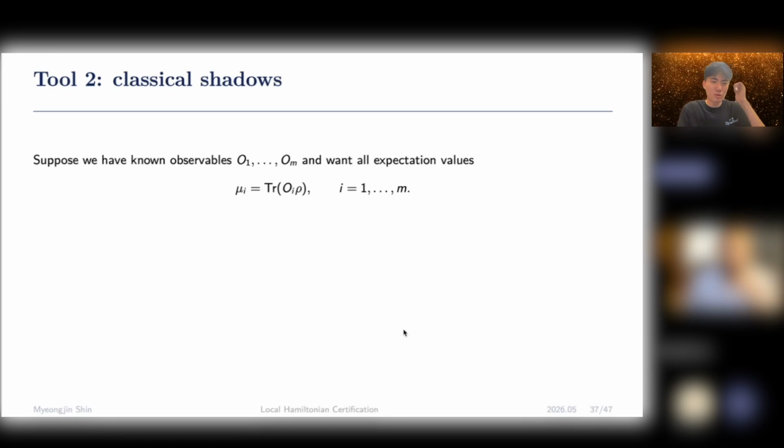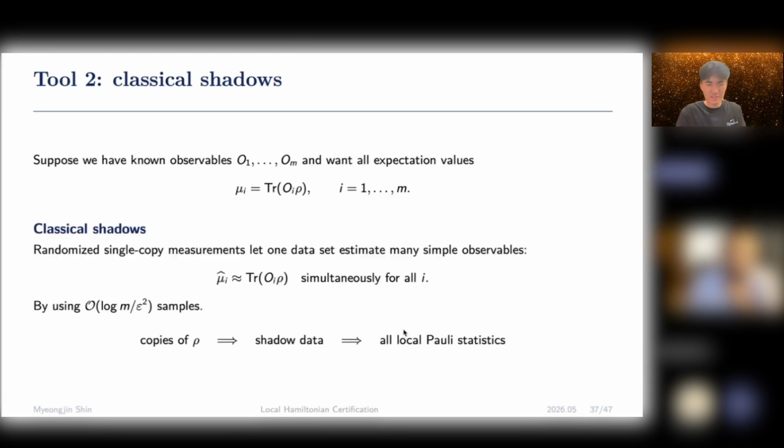If we have known observables O1 through OM, and we want to know all their expectation values, classical shadows let us use only a logarithmic number of samples in M. So this is the reason why learning takes an efficient, polynomial number of samples, but an inefficient time complexity. It comes directly from the classical shadows.